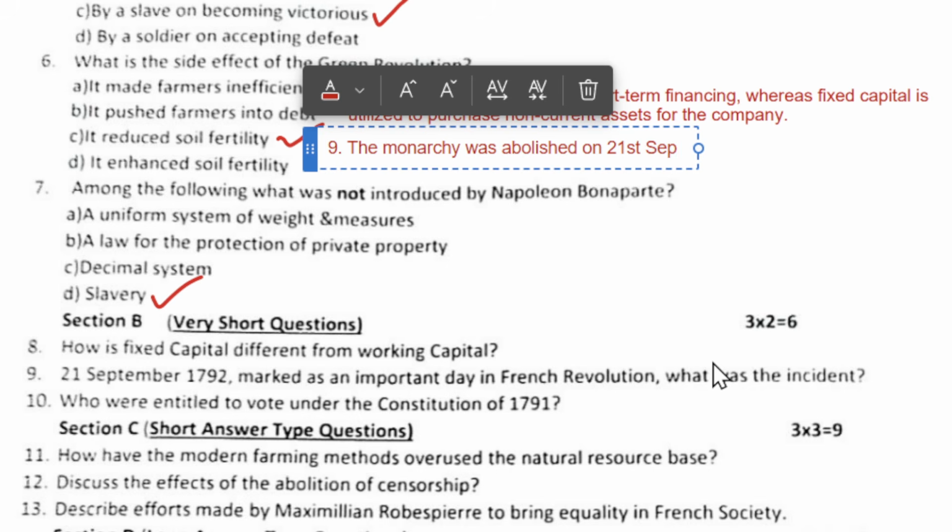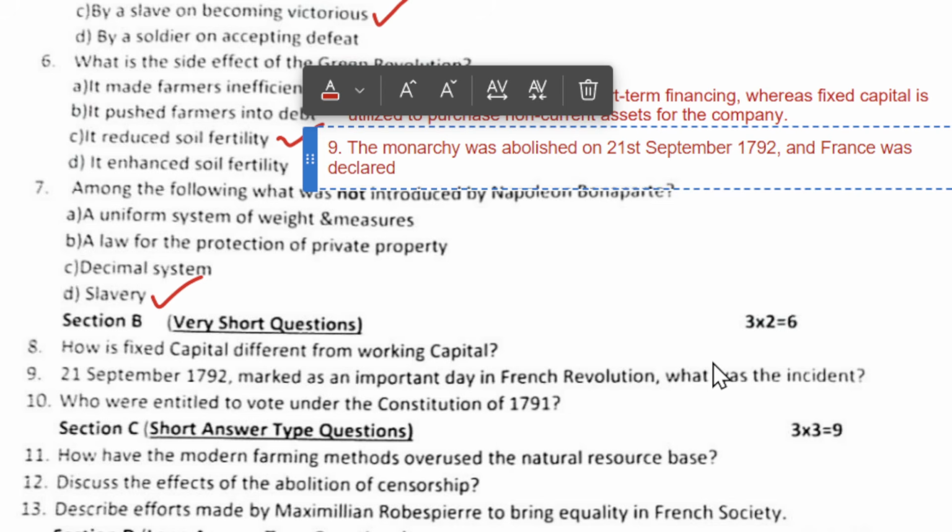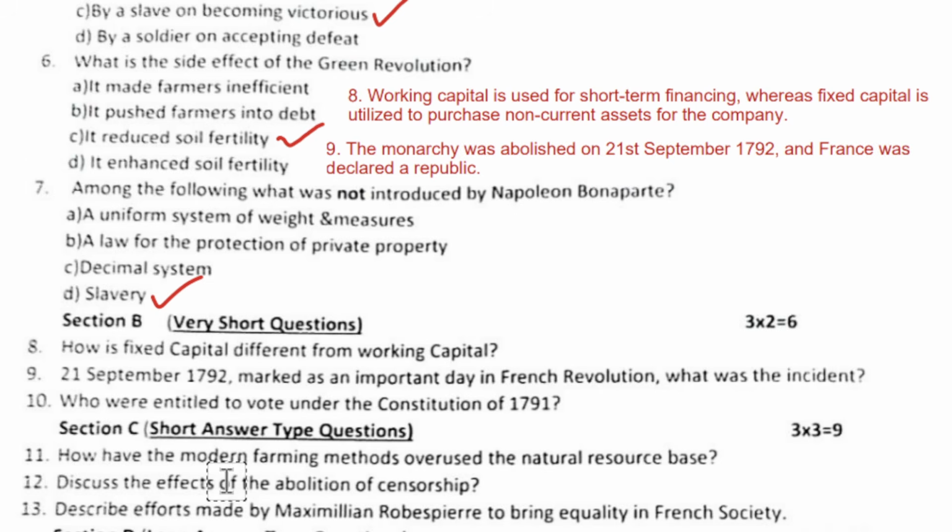Always while writing months, the first letter should be in capital letter. Okay, 1792, and country, capital letter again, was declared as republic. Okay. So next question.